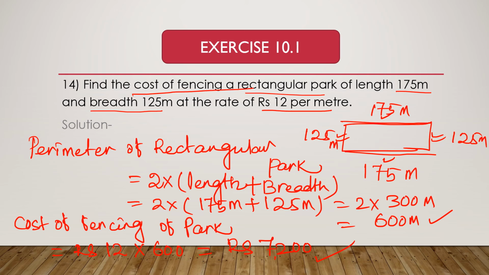So the cost of fencing a rectangular park of length 175 meter and breadth 125 meter at the rate of 12 rupees per meter is 7,200 rupees.